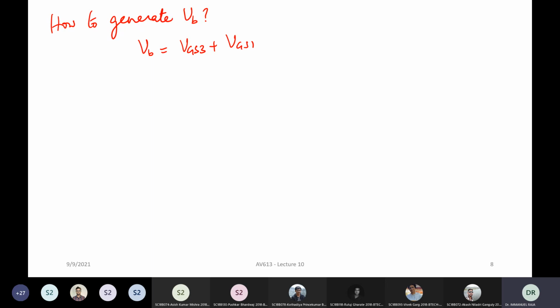Now, how to generate this VB? One very straightforward way, of course, we cannot use a resistive divider, because the moment you start using a resistive divider, you go back to the original problem: if you have a process variation or a voltage variation or a temperature variation, you are going to introduce a lot of systematic offset and things like that.